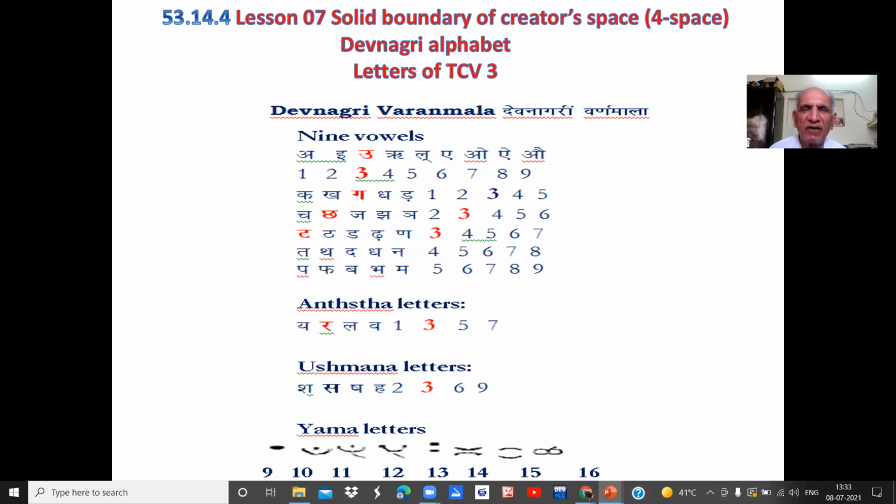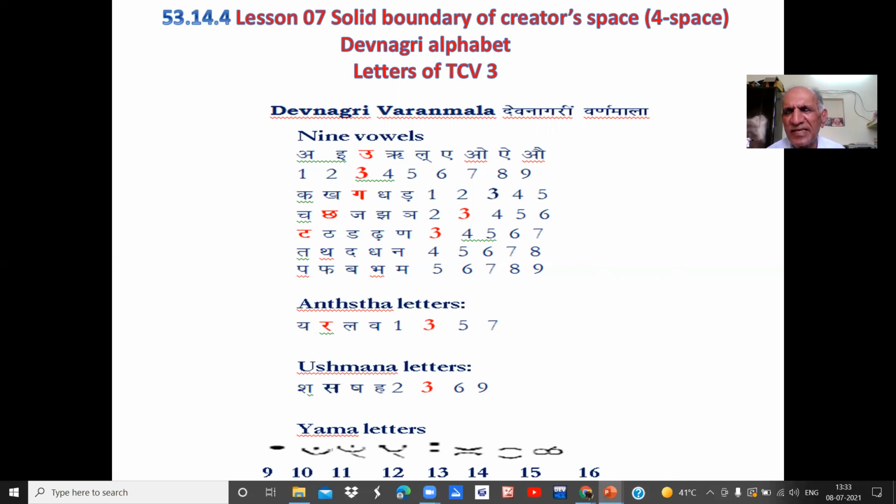Like that, the second letter of the second row and the first letter of the third row as well are of TC value 3 each. The second Anthasta letter and the second Ushmana letter as well are of TC value 3.